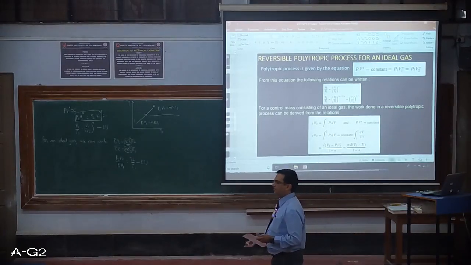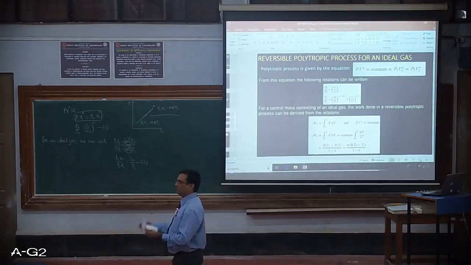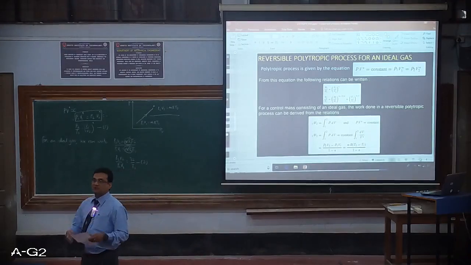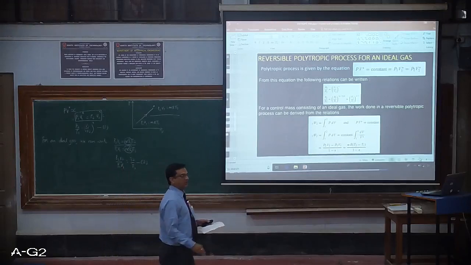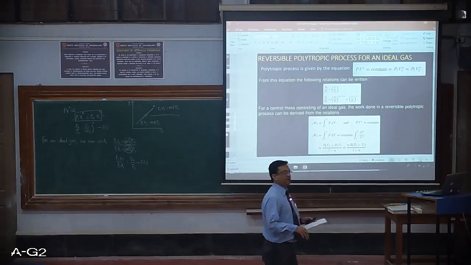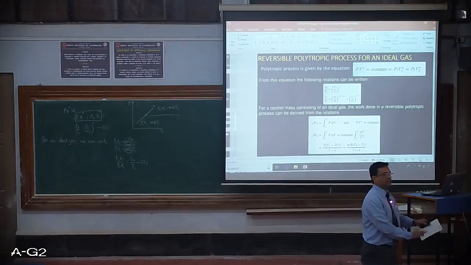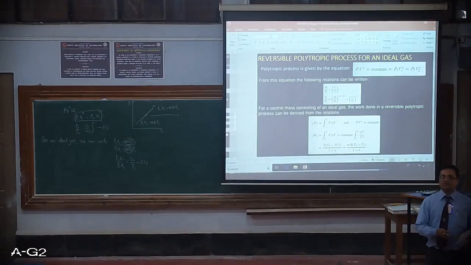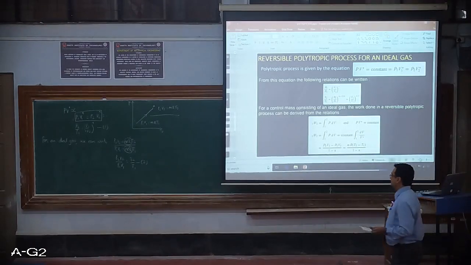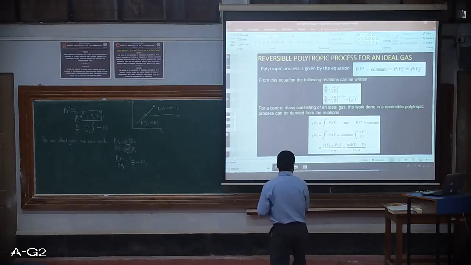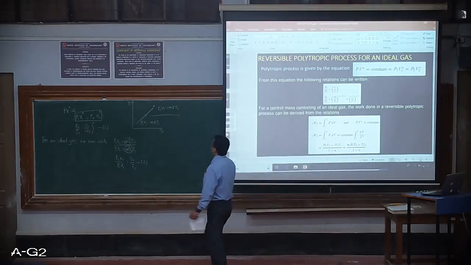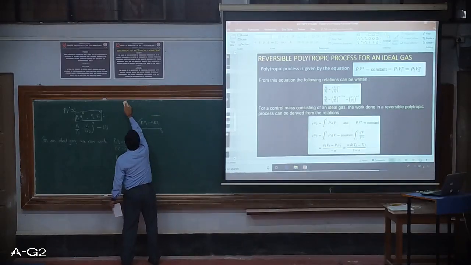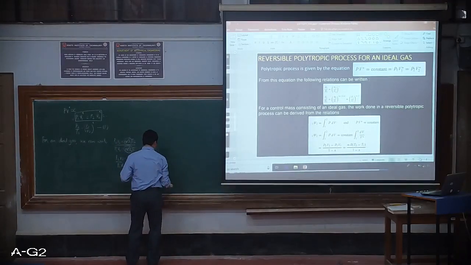Once we obtain this relation, we need to develop one more equation which gives the ratio of volumes, initial volume by final volume or final volume by initial volume, to connect it with the given pressure or temperature ratios. So let's start developing the equations based on these two equations 1 and 2.